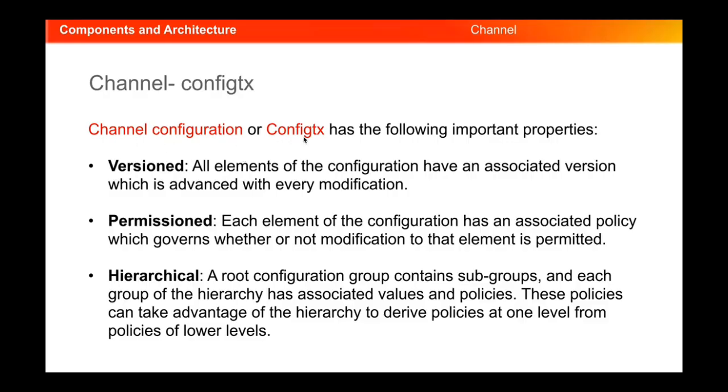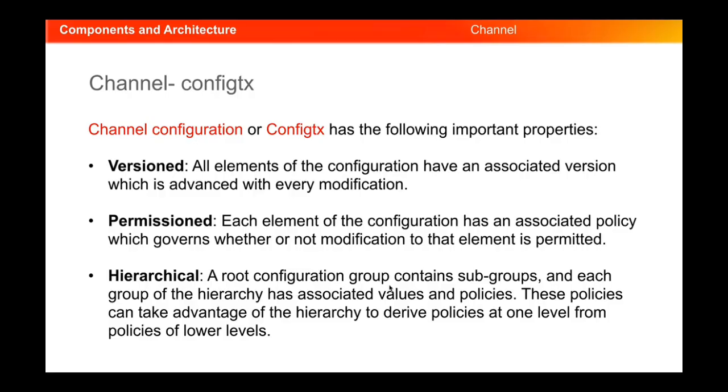Channel configuration, or configtx, has the following important properties. It is versioned, meaning all elements of the configuration have an associated version which is advanced with every modification. It is permissioned. Each element of the configuration has an associated policy which governs whether or not the modification to that element is permitted. Then you have hierarchical.